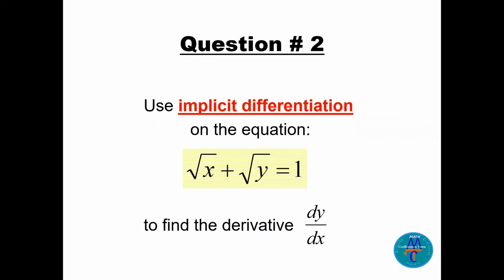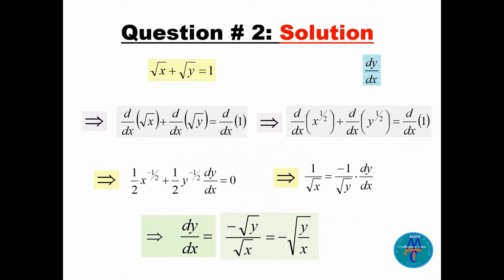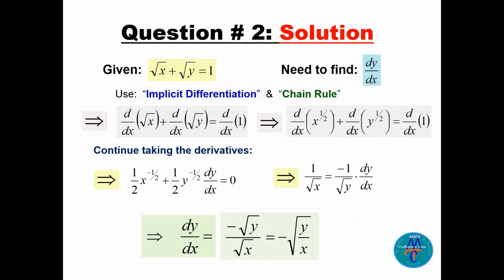Be careful. Now in question number 2, we need to use implicit differentiation also on the equation square root of x plus square root of y equals 1 to find the derivative dy over dx or y prime. So this is the solution. Let's take the derivative on both sides.